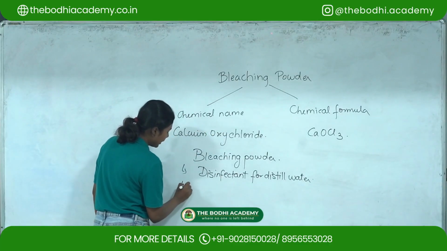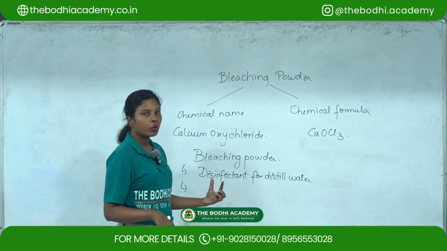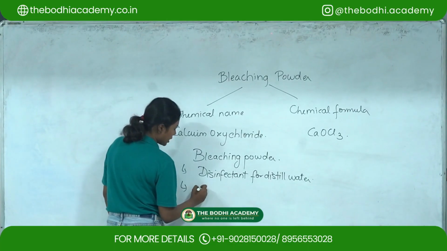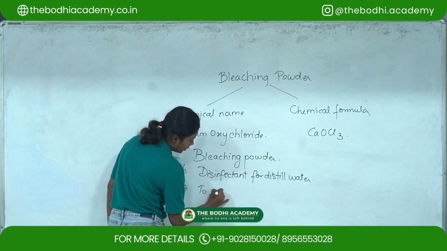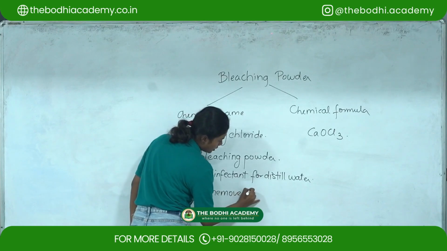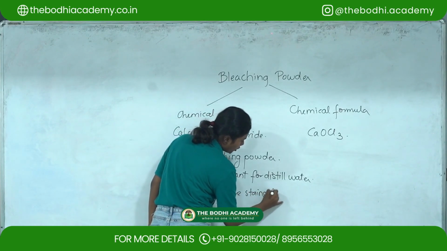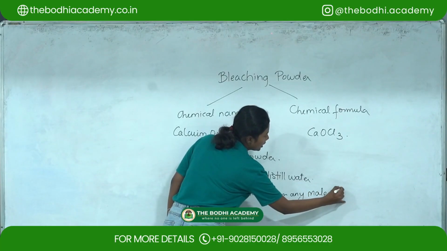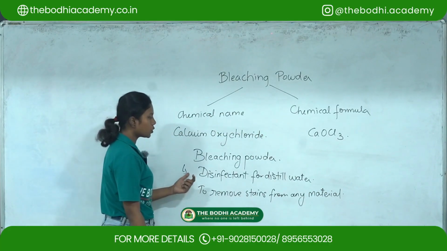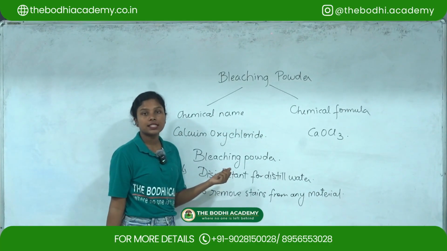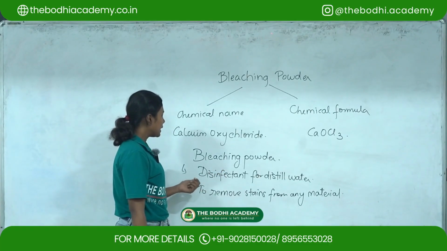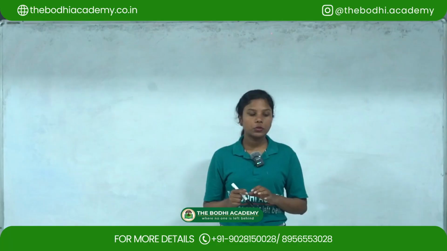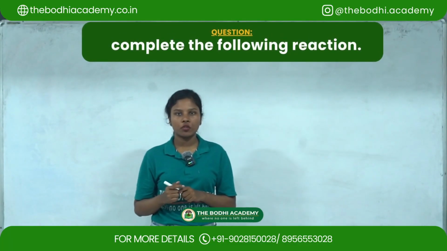And second, we know it is used to remove stains from any cloth or any material. So these are the two major uses of bleaching powder. One is that it is used as a disinfectant in distilled water, and second, it is used to remove stains from any material.